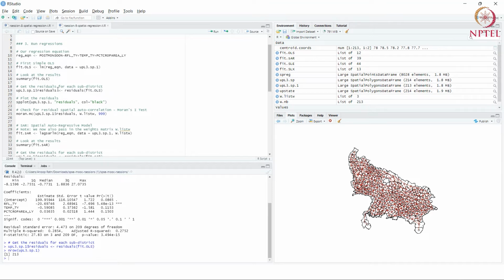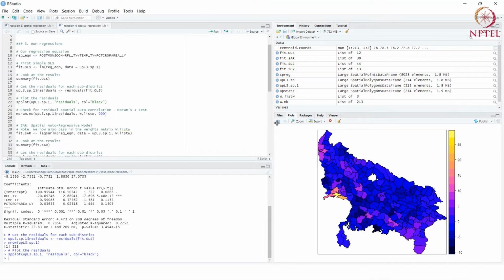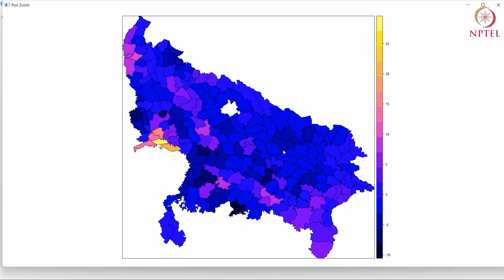So we can get the residuals using this command and store them in a variable called residuals, and then we can plot those residuals. Now that we've gotten used to looking at spatial data, does that look like a spatially random distribution, or is there some spatial autocorrelation?